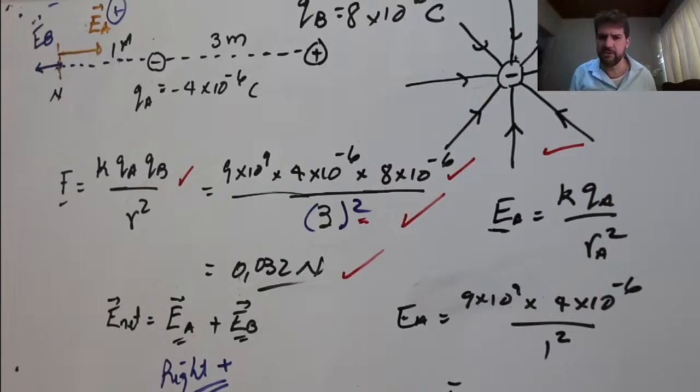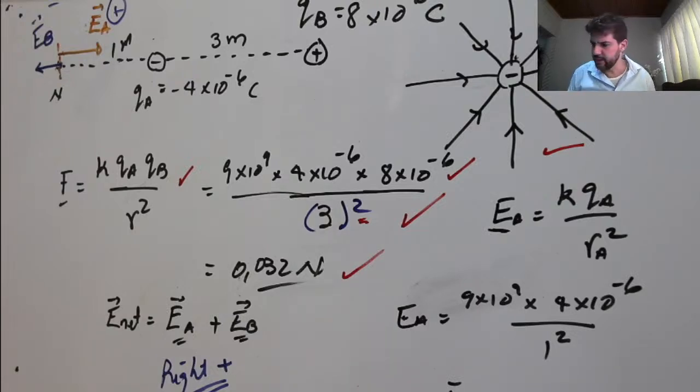Let me see if I calculate quickly, and let's see if we get the same answer. I got here, that is 9 times 10 to the 9 times 4 times 10 to the -6, divided by 1 square, and I get 36,000.